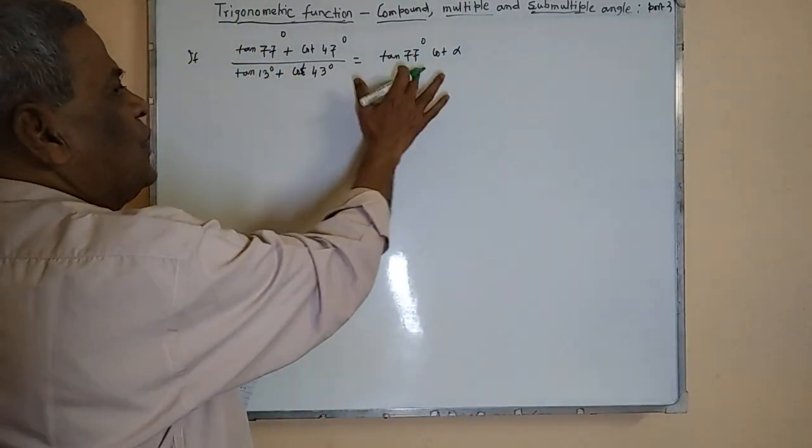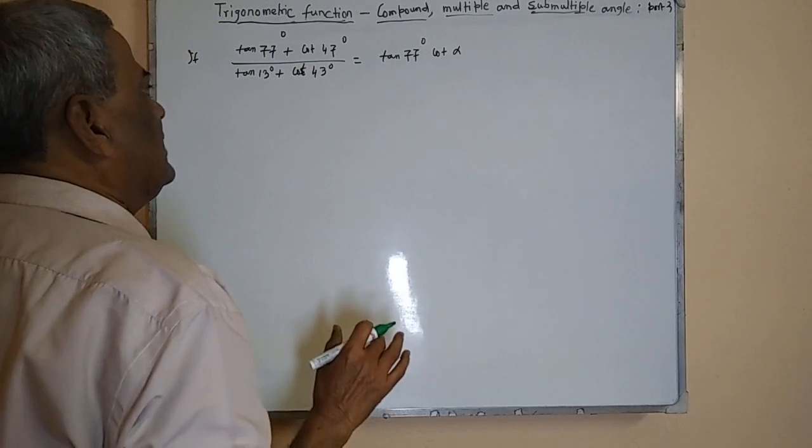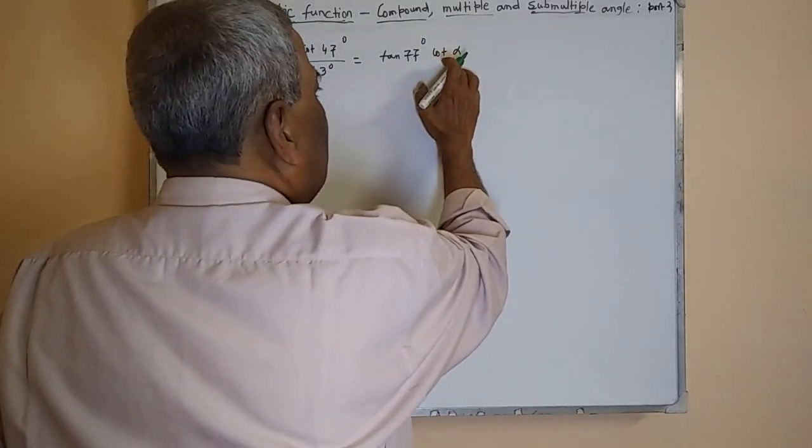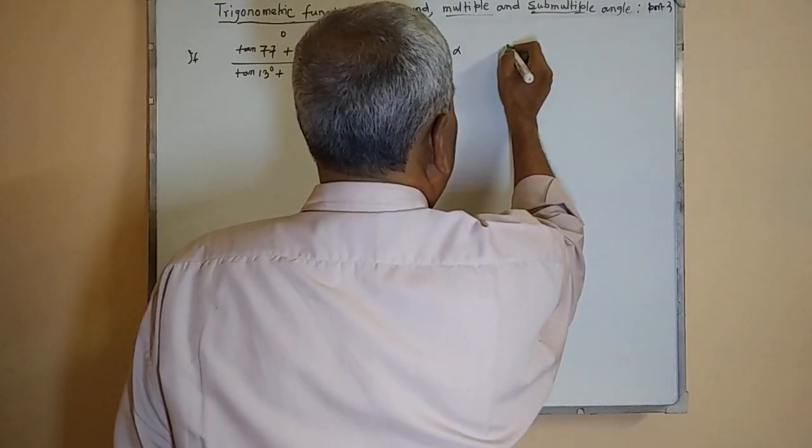Given this is equal to that. Here all are in terms of known quantities. Only cot alpha is unknown. So from here we have to find the value of alpha.